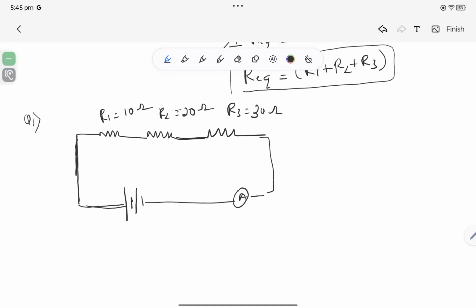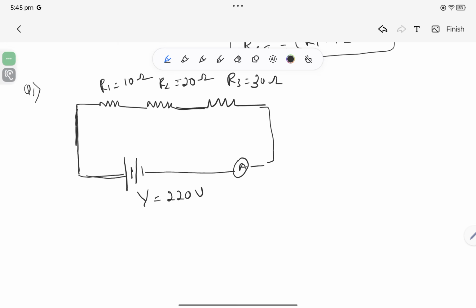So voltage supply is 220 volt. Calculate current. What is current?